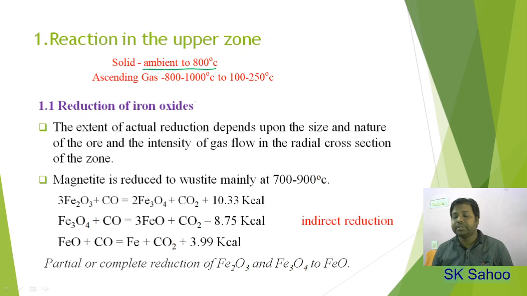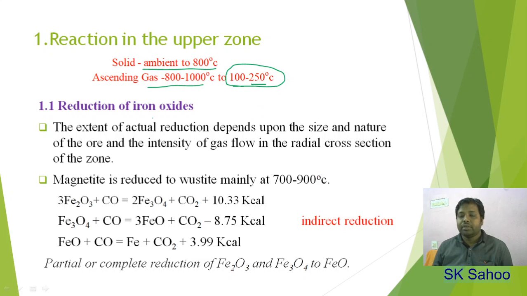Ambient means when we are charging the raw material, it is at room temperature at the top. And the ascending gases at the bottom of the upper zone may be about 800 to 1000 degrees centigrade. When it comes to the top part of the blast furnace, the exit gas temperature is about 250 degrees centigrade, or maybe as low as 100 degrees centigrade also.